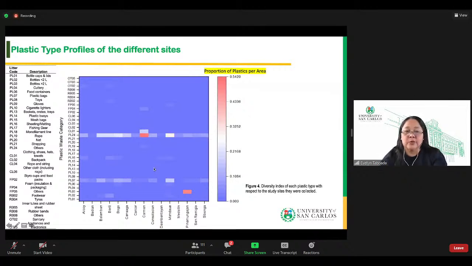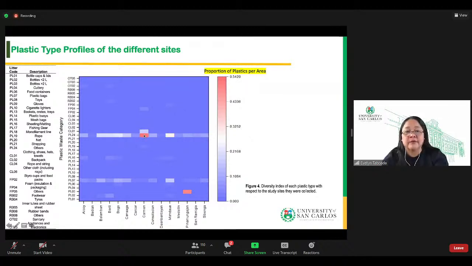So let's look at the red ones. The red one in the middle square means that in Carmen, a study site where a lot of mangroves are also found, it has a very high number and amount of PL24. What is PL24? These are other types of plastic-based waste like clothing, shoes, and hats.